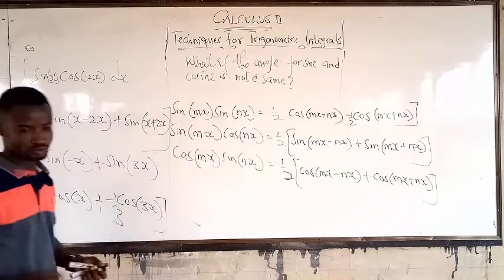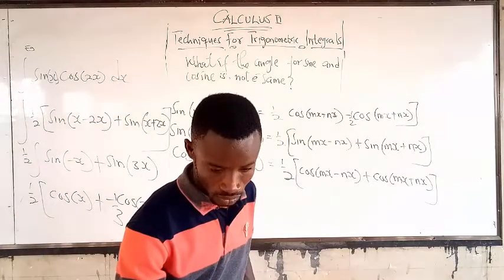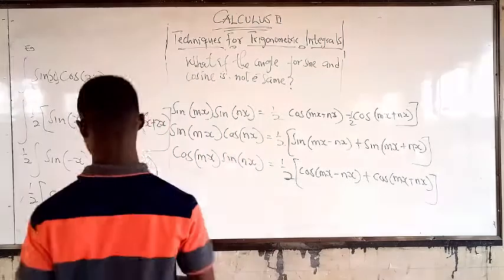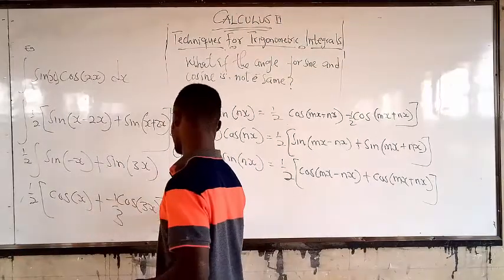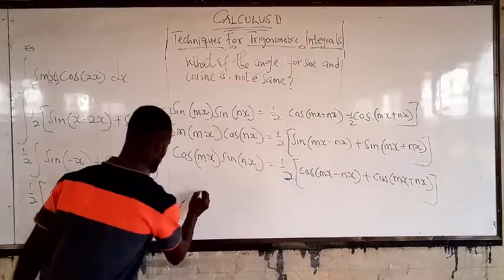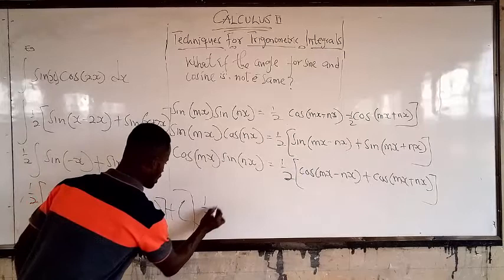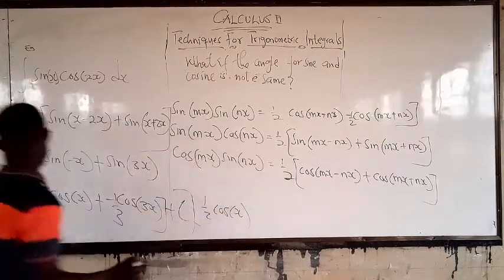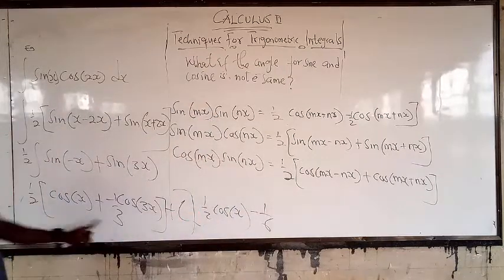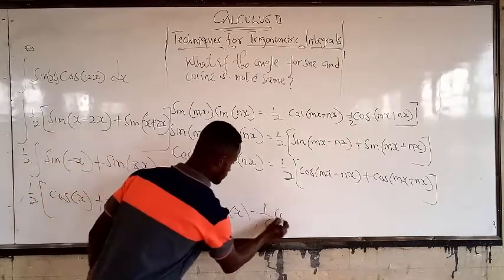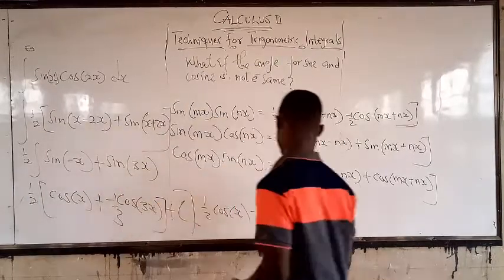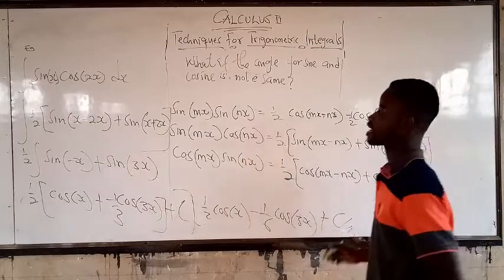Very good. So that is that. And here you add plus c because we are done with integration. So when my half constant is, you get half cos x minus 1/6. That is 2 multiplied by 3. Cos 3x. Alright. Plus c. So that's going to be the final answer for that.